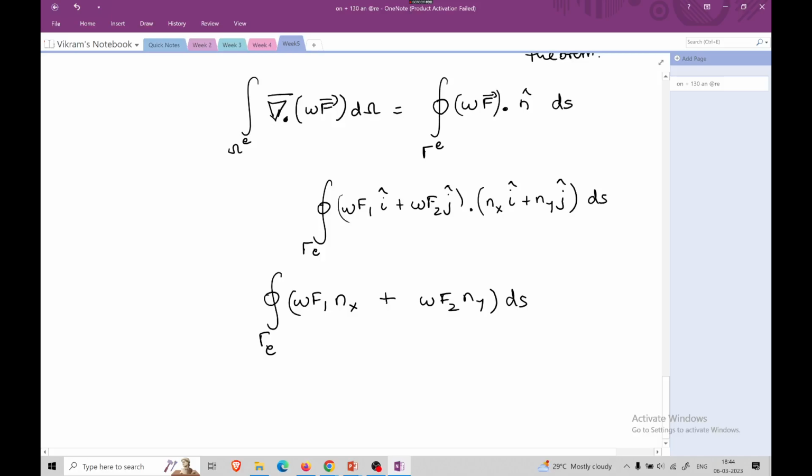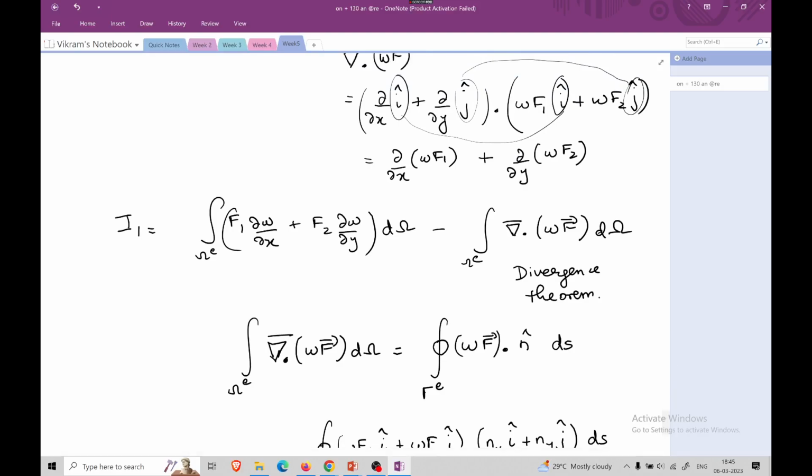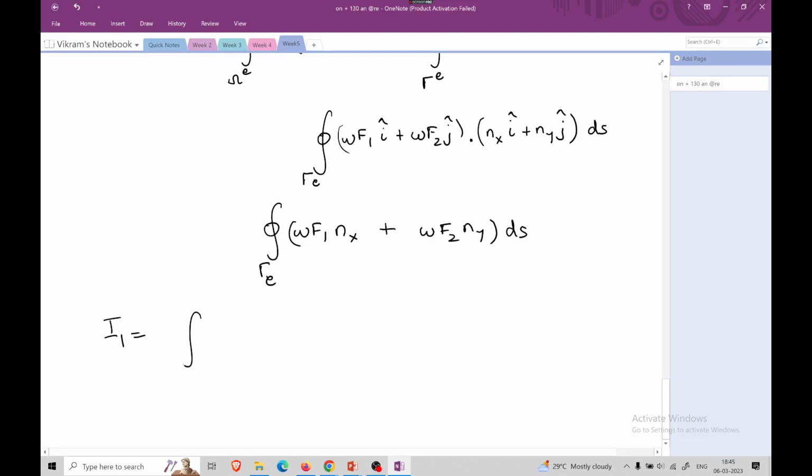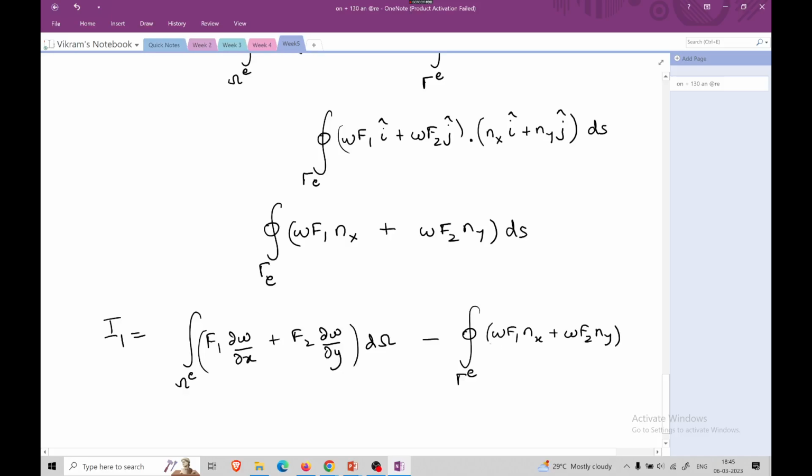Now I am going to rewrite I1 again. This second term I am going to replace with the term we got below. So it is integral over the domain of f1 ∂W/∂x plus f2 ∂W/∂y dΩ, minus, this being a surface integral, W f1 nx plus W f2 ny dS.